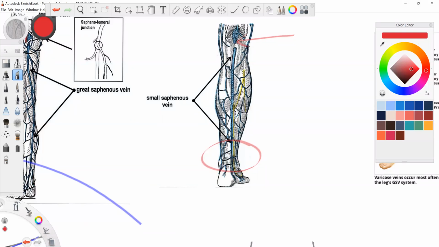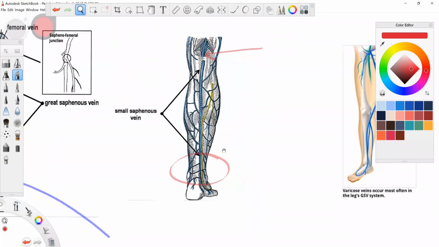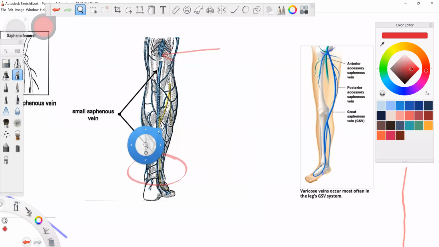In my experience, what I see happen is the small saphenous vein has a branch that goes down to the popliteal, and then part of it continues on up. There is a term in your book that you might have read.